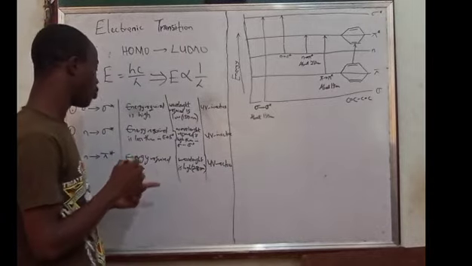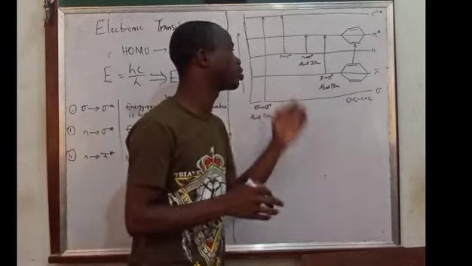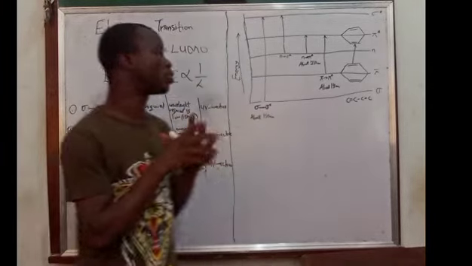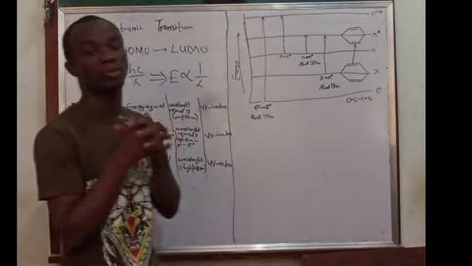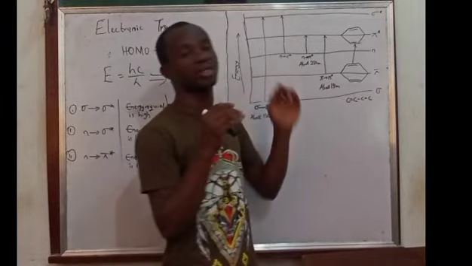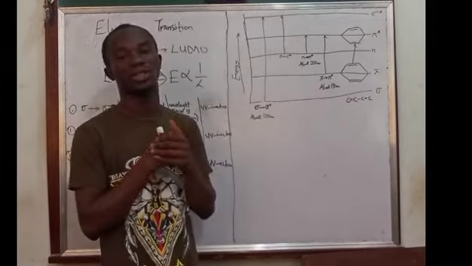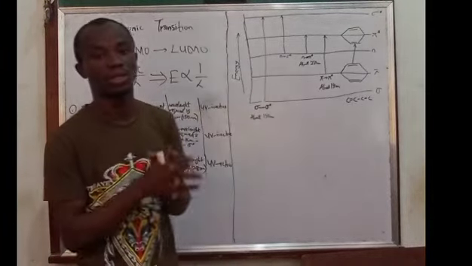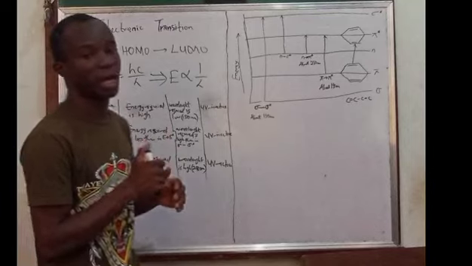Because the wavelength of light required to cause this transition is above 200, we can say that this transition is UV active, in the sense that UV carries enough energy to cause transition of electron from the non-bonding molecular orbital to pi antibonding molecular orbital.